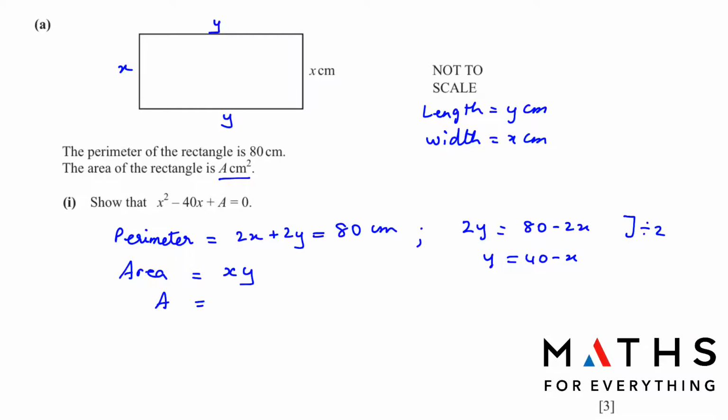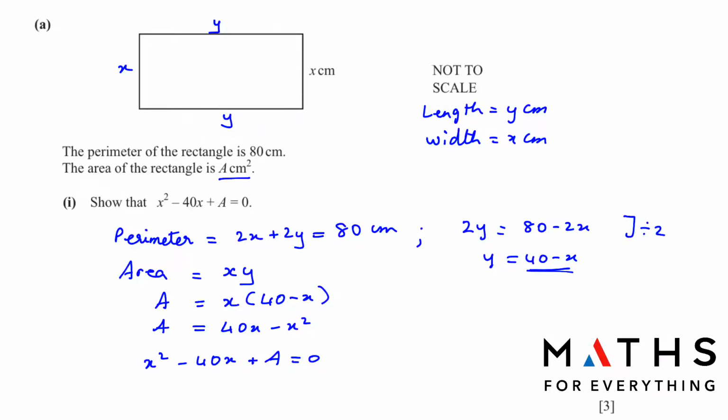It's given to us. Replace the y with 40 minus x. Now we'll expand it. We'll get 40x minus x squared. In the question, the x squared is positive, so we have a negative. Shift everything to the left-hand side. You will get x squared minus 40x plus a is equal to 0. So we have shown what they wanted us to show.